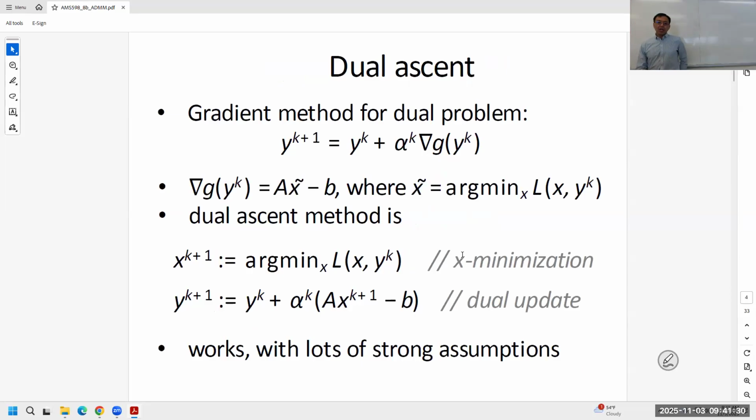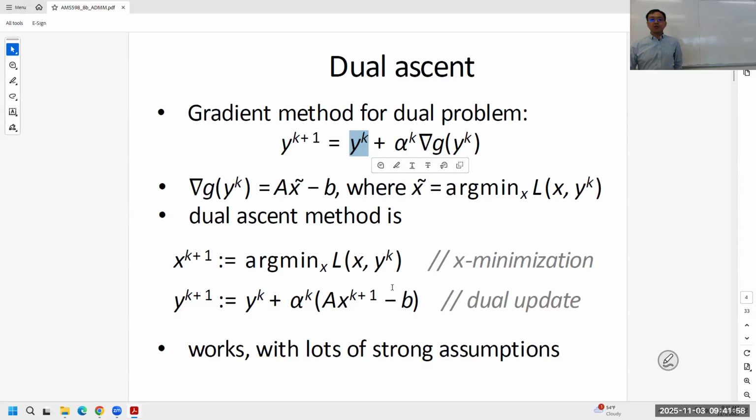Dual ascent is where we use a gradient method for the dual problem. We update y by adding some gradient, because we want to maximize g(y). To maximize it, we move y in the direction of its gradient.